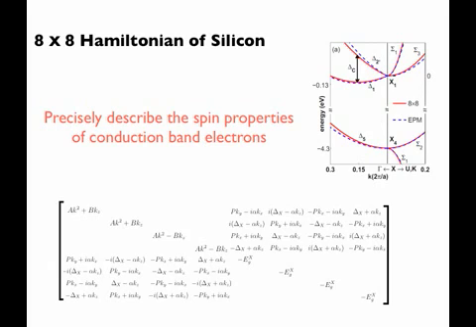Moreover, only this 8 by 8 is enough, because other bands are too far away in energy, and also because the spin-orbit interaction on conduction band electrons is again mostly from the X4 valence band.